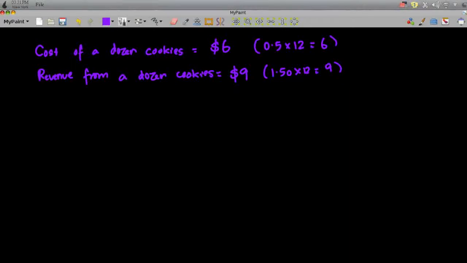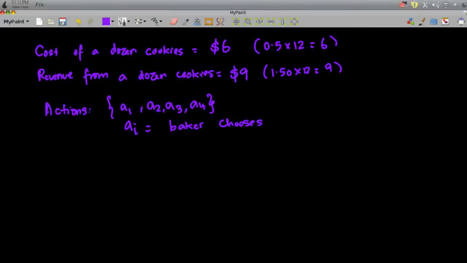Now, there are 4 actions. The actions are A1, A2, A3, and A4. A_i, in a more generic way, would mean that the baker chooses to make i dozen cookies on any given day.